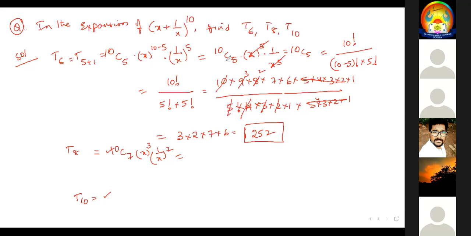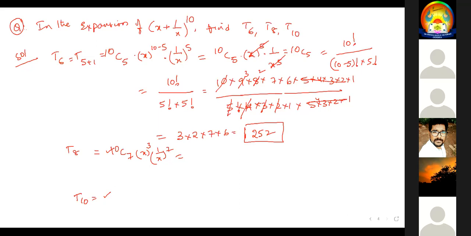That is 10C5 x^5 into 1/x^5. x^5 and x^5 get cancelled, and you get 10C5. This is the formula I explained in the previous chapter. Since you were not there, Akash, you are not able to understand this. At least do it till here.